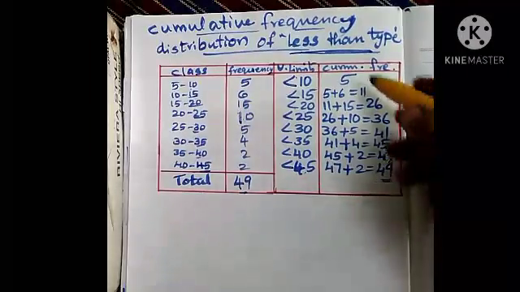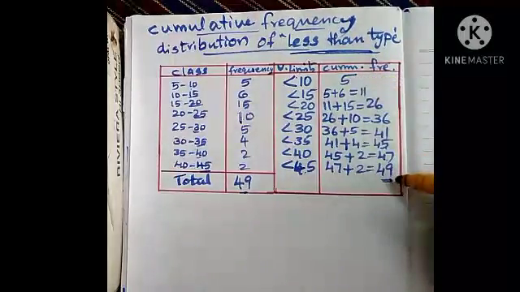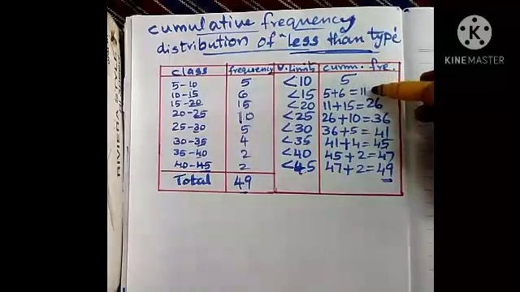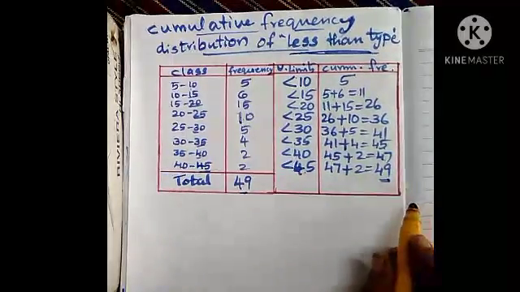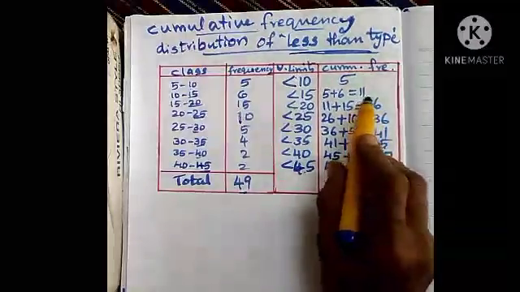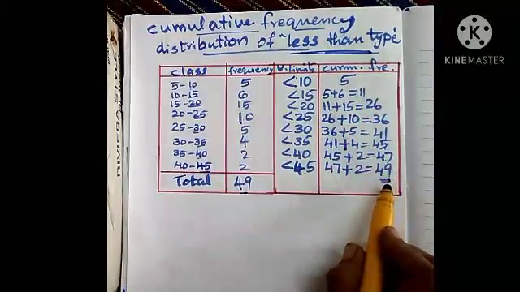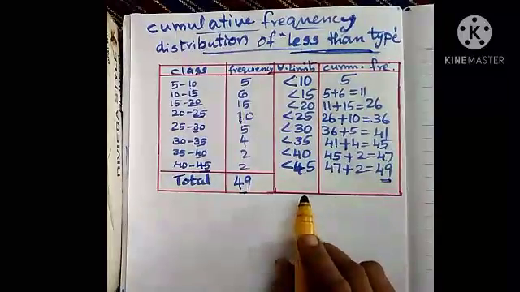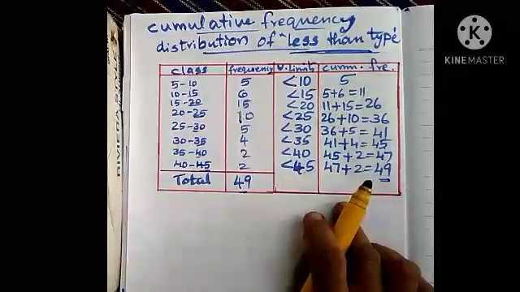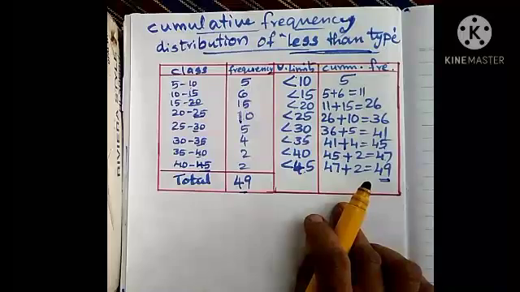So these numbers are the cumulative frequencies: 5, 11, 26, 36, 41, 45, 47 and 49. Understand? Cumulative frequency you are finding. And for finding the median of grouped data, this cumulative frequency we need to find first.